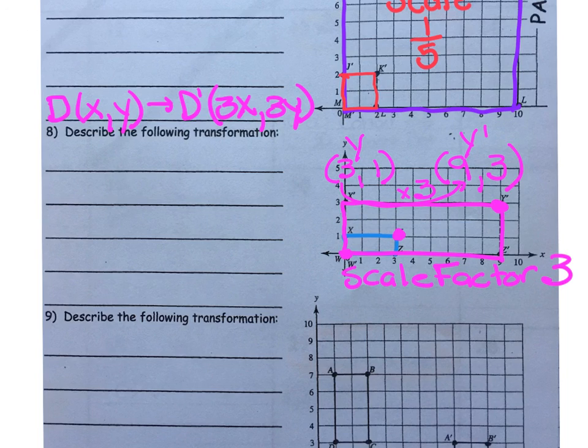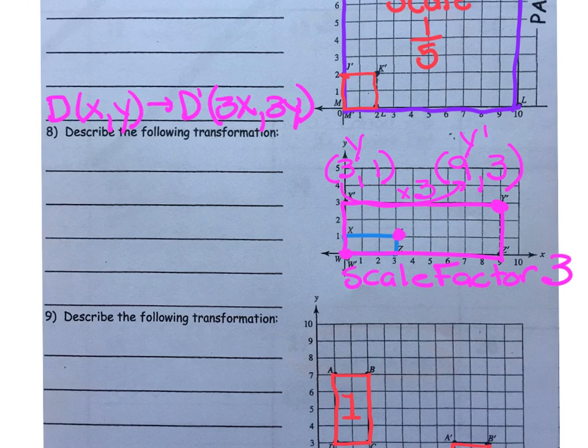In problem number 9, we see 2 congruent rectangles. They are exactly the same size. Image ABCD is our original image, and our translated image is A prime, B prime, C prime, and D prime.